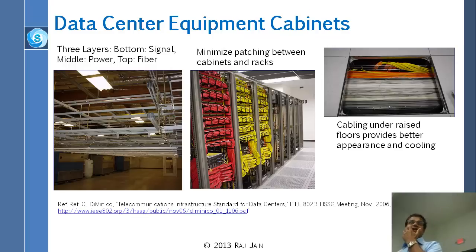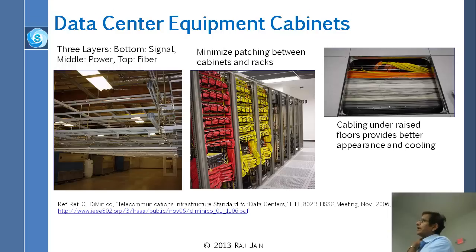So what is signaling? Signaling is Ethernet. Basically your Ethernet signals go through the bottom layer. And then next is power, and the top layer is fiber. And I really don't know why the order is this, but this is how it is right now. I would have thought that the Ethernet would be as far away from power as much as you can, but they are very close to each other, middle and bottom.